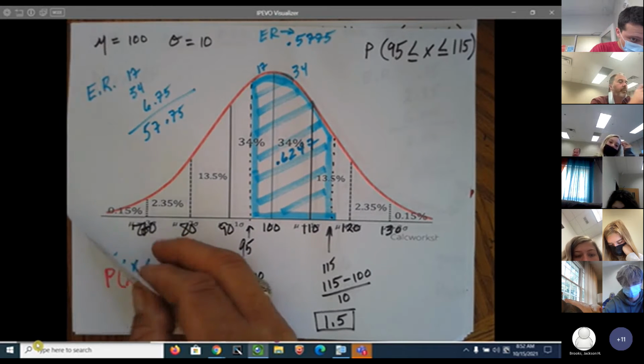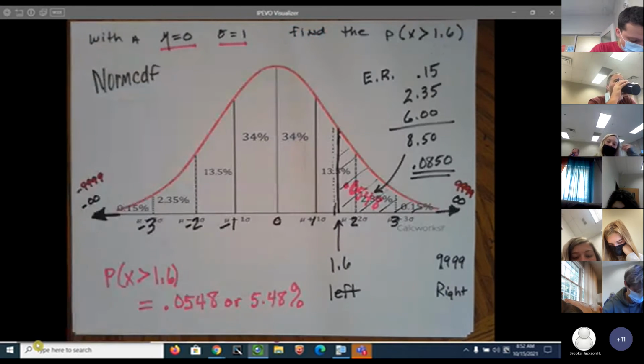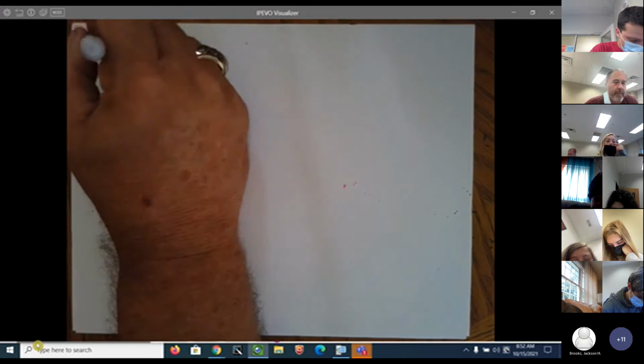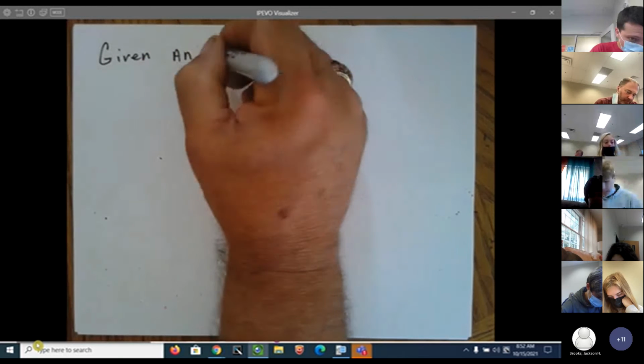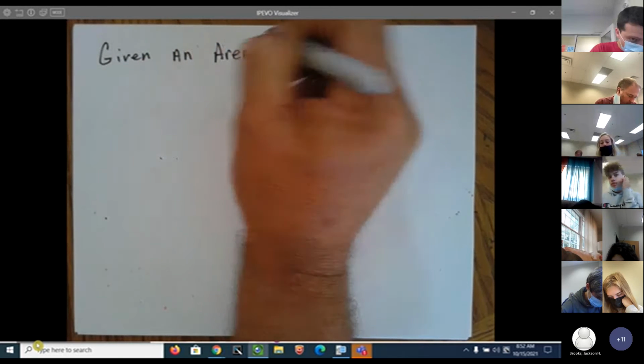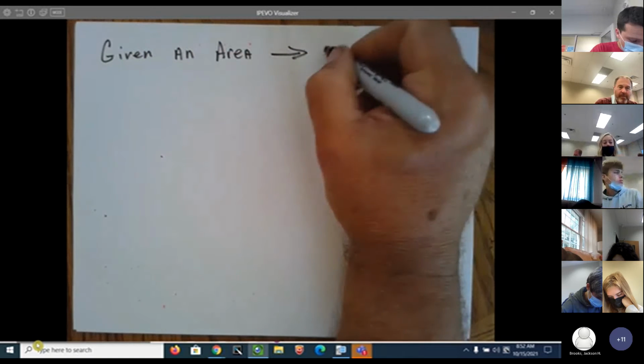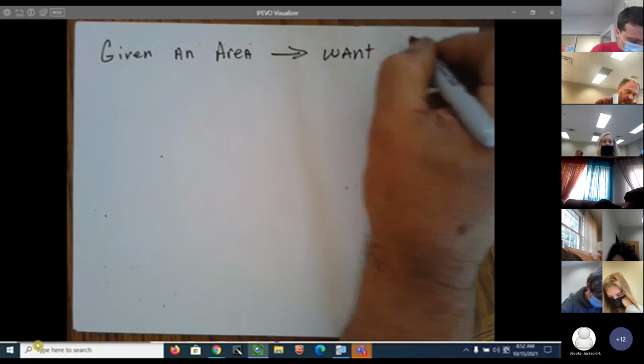One more thing I need to show you about 7.1 and 7.2. Sometimes you're going to be given an area and they want a z-score.